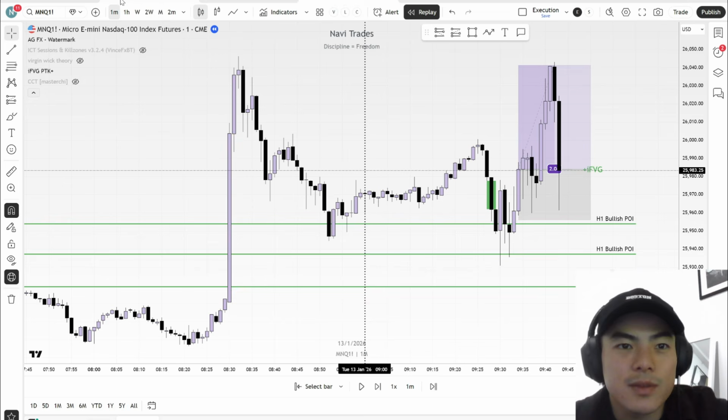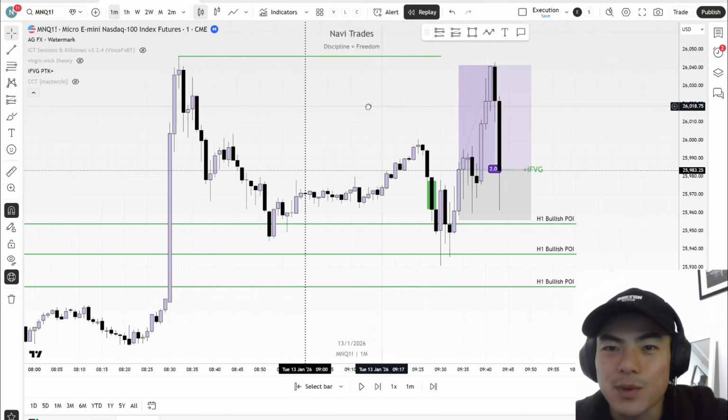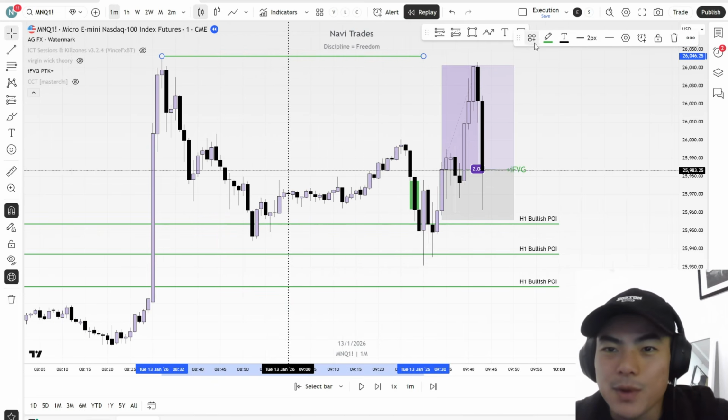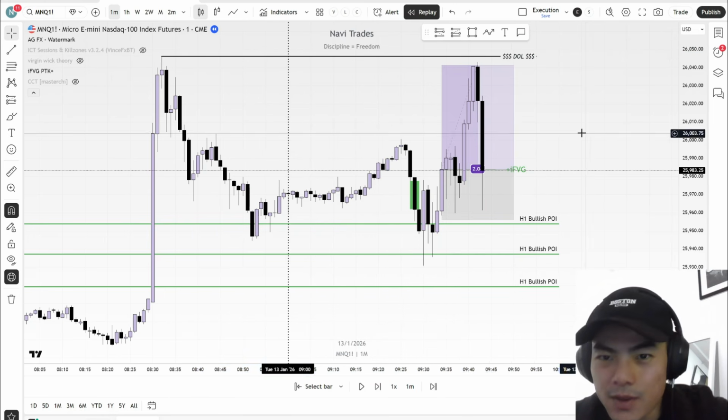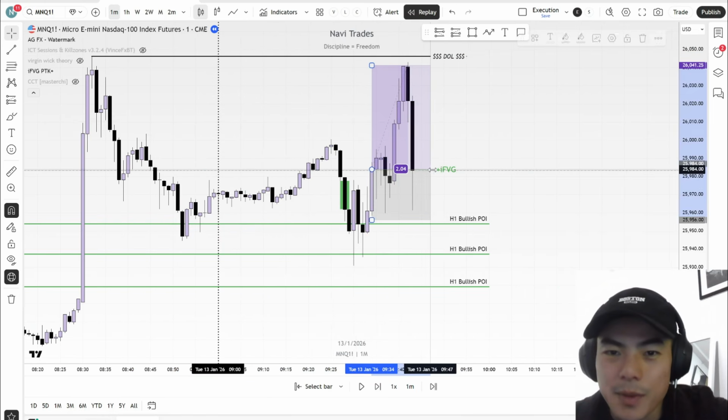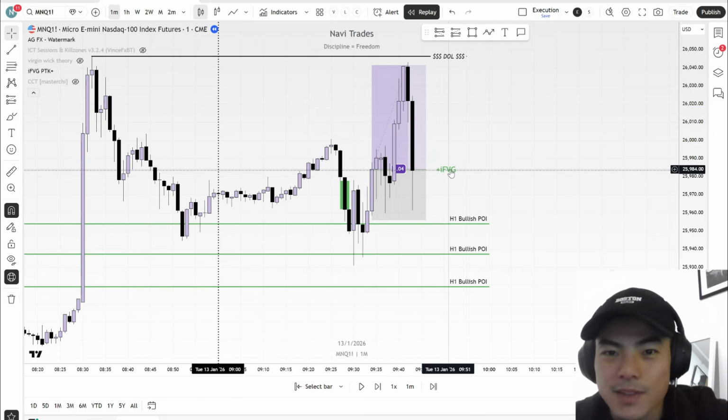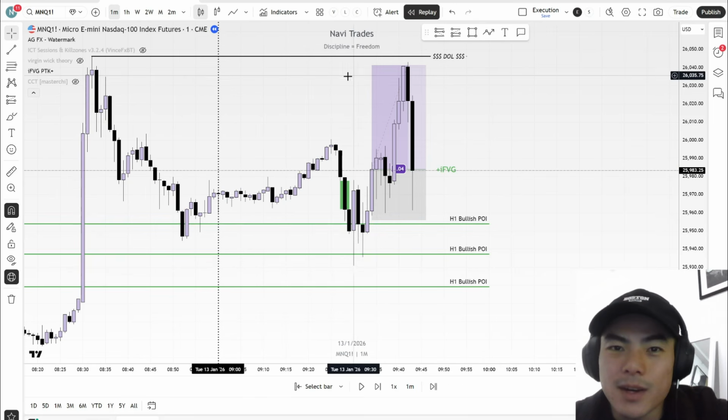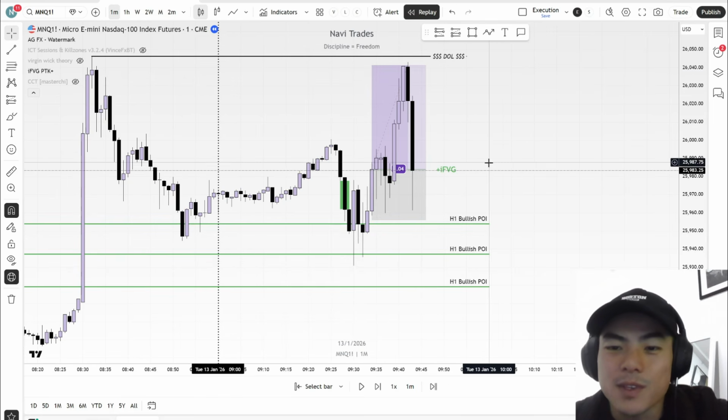Oh shoot. So we don't actually end up taking this draw on liquidity, but still it's a target to aim for. And you still would have taken your 2R there if you took that. So that's why we have strict SL and TP rules, and we don't get greedy, so we can stack up these base hits.